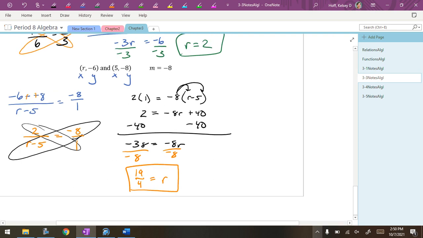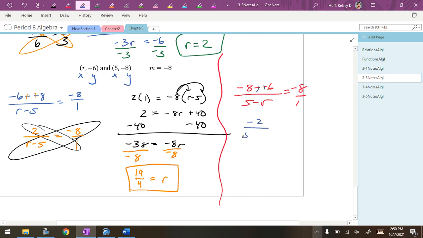Some of you may have gone -8 minus -6 over 5 minus r equals -8 over 1. So then this would be adding -2 over 5 minus r equals -8 over 1.